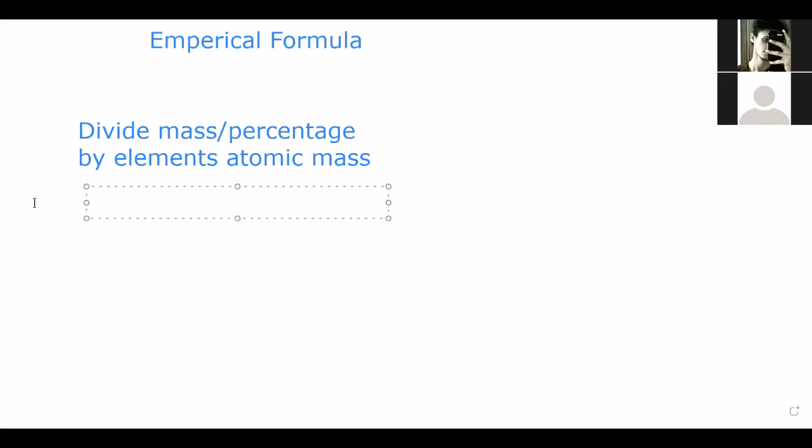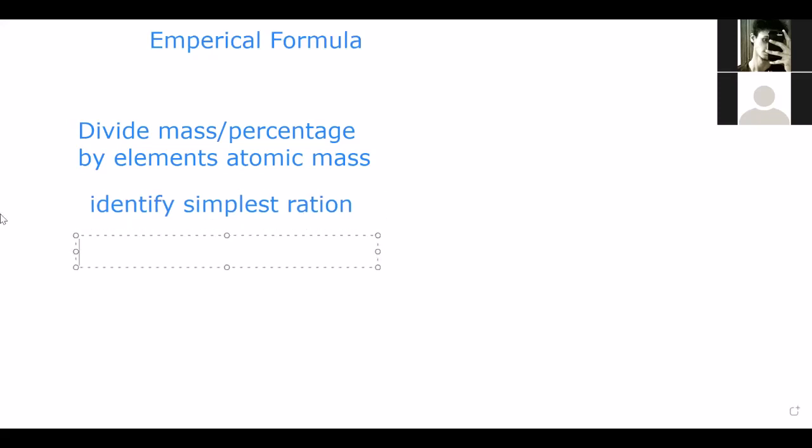Then we will identify the simplest ratio, and we'll divide all ratios by the simplest ratio. That is how we get the empirical formula.